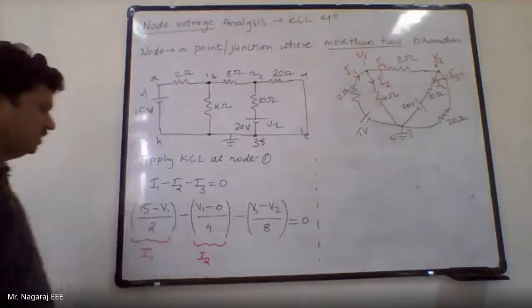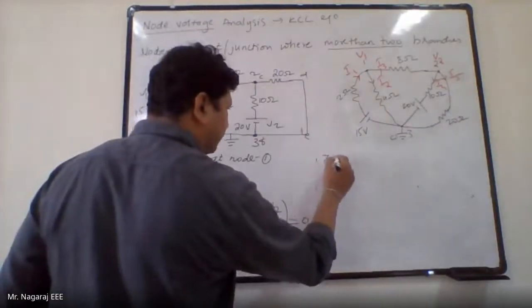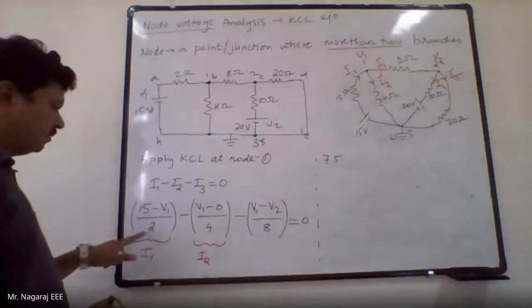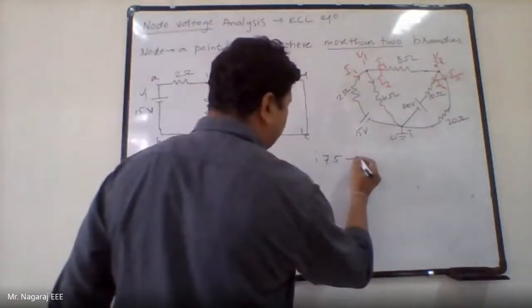So it is 7.5. 15 by 2 is 7.5, minus 0.5 V1.